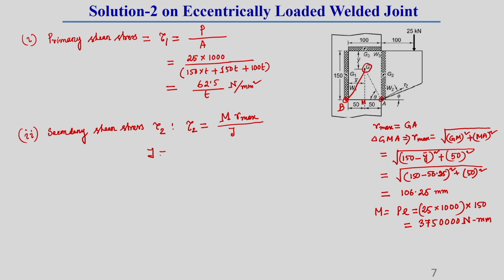Now, another term is there, that is called J. This J we have to find out. So, J equal to what? J is the polar moment of inertia with respect to G. Jg equal to Jg of first weld plus Jg of second weld plus Jg of third weld. Now, we can see this Jg1 and Jg2 are symmetric with respect to this G, correct.